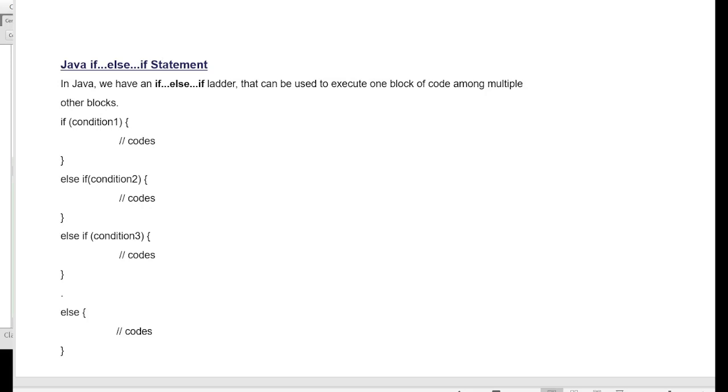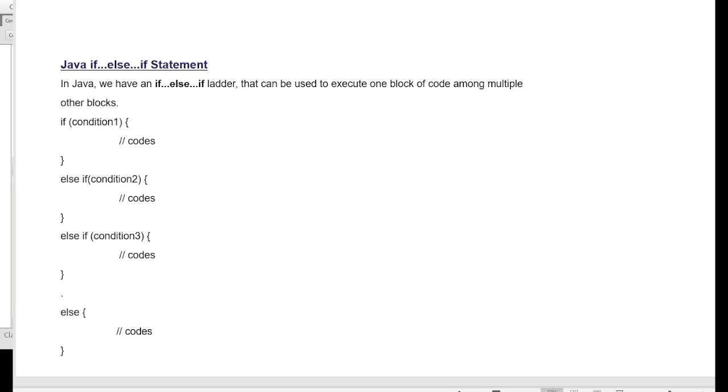If-else-if statement is written with if and then the corresponding condition 1. If the condition 1 is satisfied, that means if the condition 1 is true, then the code will be executed. If condition 1 is false, then it moves to the else if part.